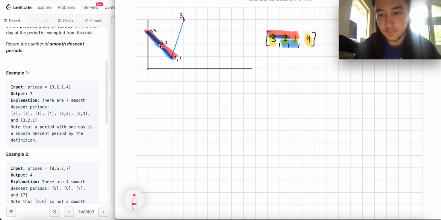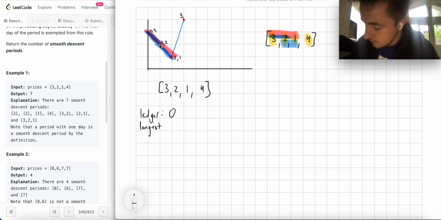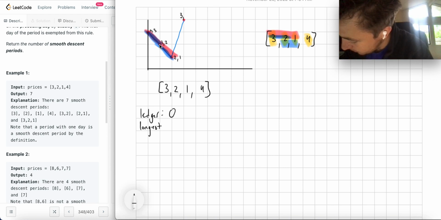So how do we solve this problem going forward? Well, let's imagine that we just looked at each day as we encounter it. Let's have a ledger set equal to 0, and let's also have this idea of the longest period we've seen so far.